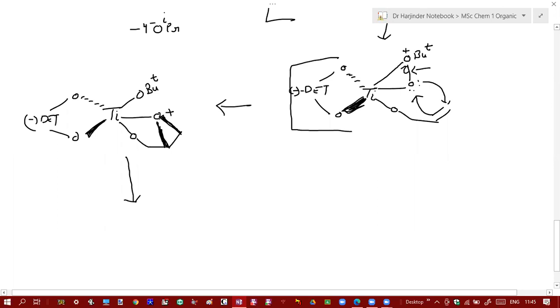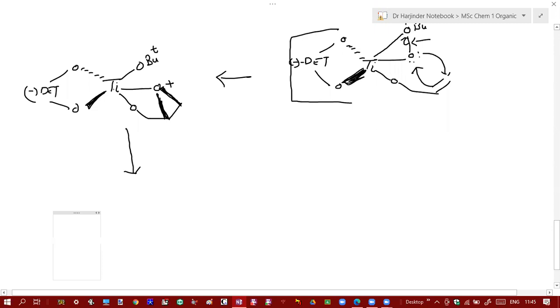So the bond will shift from above, onto the positively charged oxygen. This bond between titanium and oxygen will break. Since there's a positive charge over oxygen, this bond becomes unstable. So this bond will break and you will get this one.